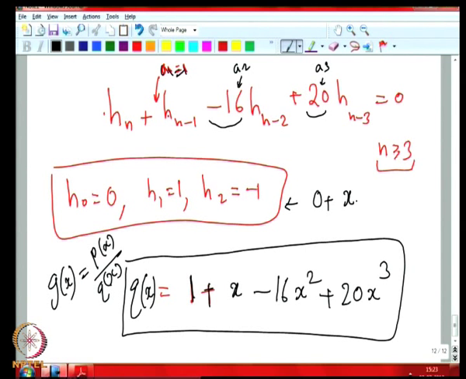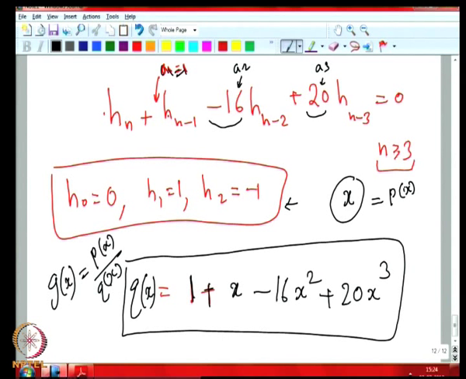Next is h2, which is minus 1, plus h1 into a1, that is 1, and h0 into a2 goes away, so minus 1 plus 1 into x square, which is 0 times x square. From x cube onwards, the terms disappear. So p of x is just x.